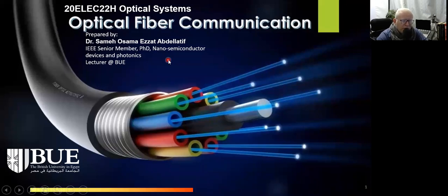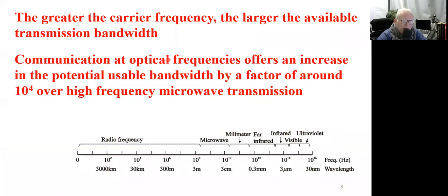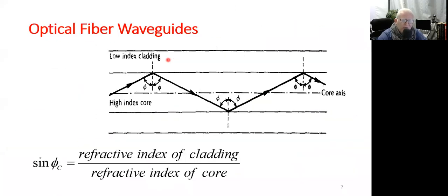Okay, in the first part of the lecture, we dealt with the construction of an optical fiber. We understood the difference between a core material and a cladding material, where the core material should have a higher refractive index with respect to the cladding material in order to maintain total internal reflection.